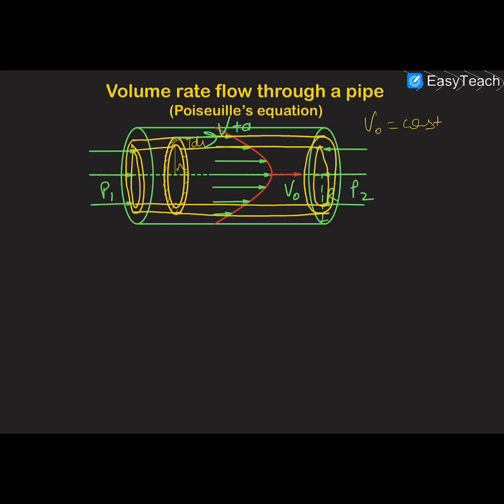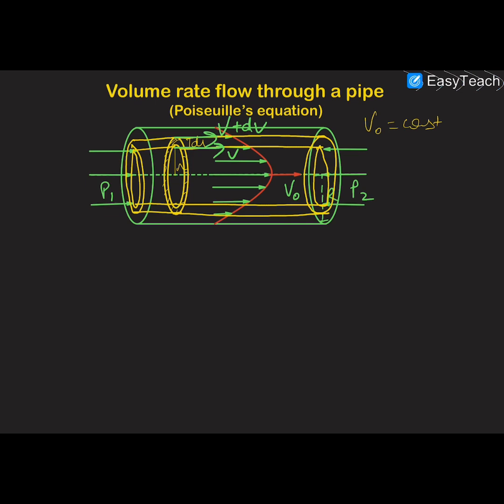This is v plus dv, and the velocity at this point is v. And the width of the cylinder is dr. So we can easily see that this smaller cylinder, which has a radius of r, is being pushed inside by the pressure difference of P1 minus P2.